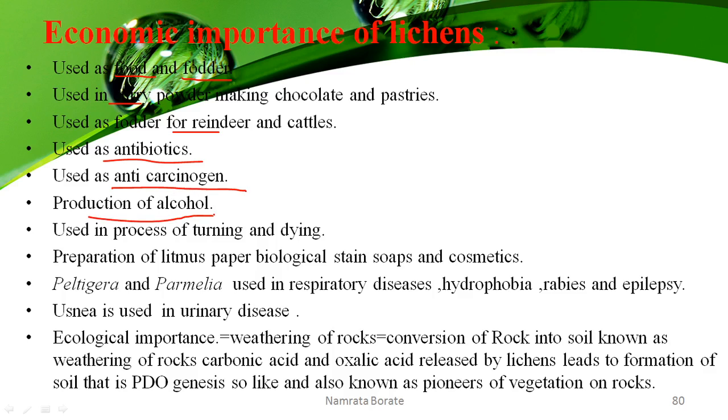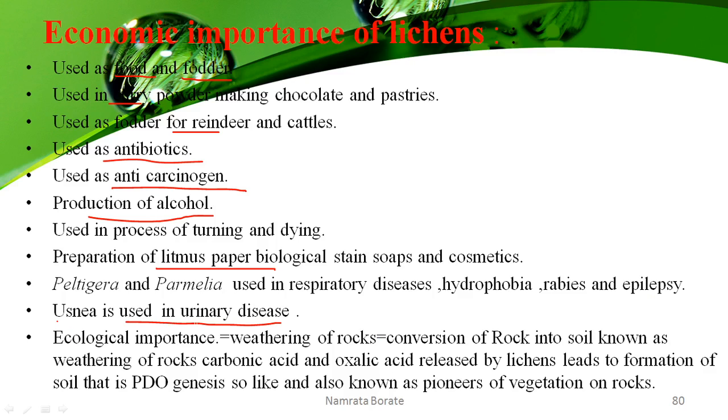It is also used in tanning and dyeing. A very important use is the preparation of litmus paper in biological stains, soaps and cosmetics. Peltigera and Parmelia are used in respiratory diseases, hydrophobia, rabies and epilepsy. Usnea is used in urinary diseases.